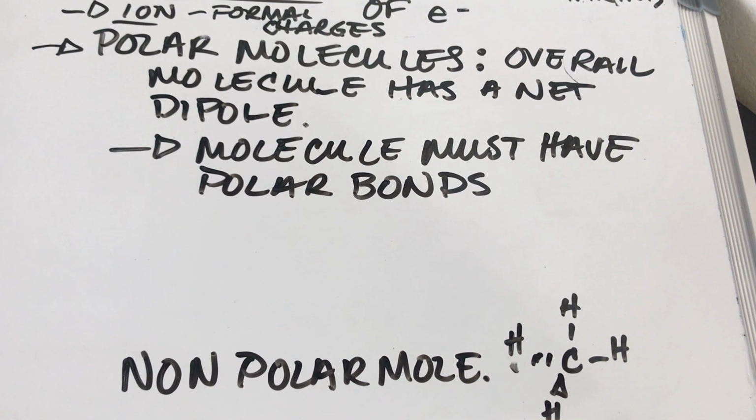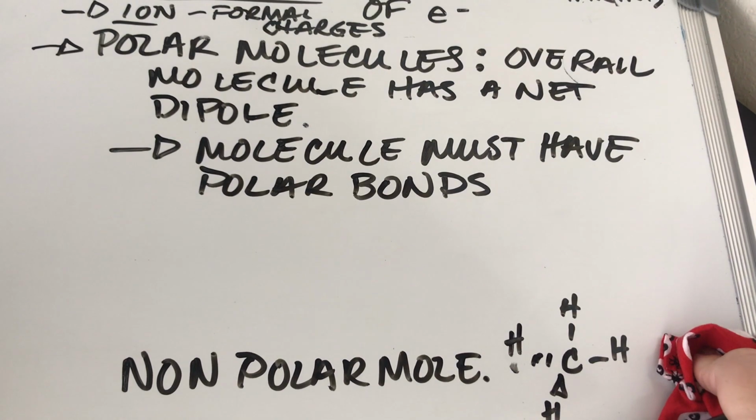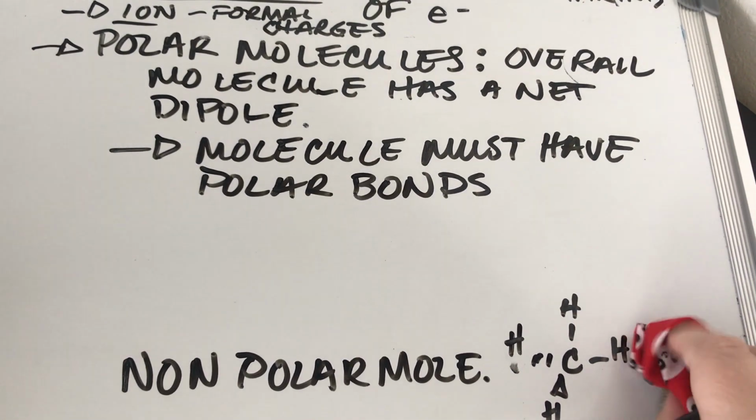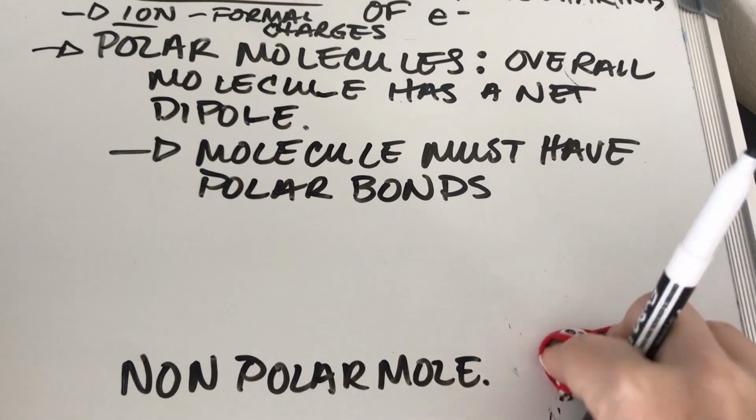Why is that nonpolar? Because carbon and hydrogen bonds will always be nonpolar. Exactly. If the only thing I have here is carbon attached to a bunch of hydrogens, that will be nonpolar. Everybody all right with that? Cool. So the first thing we have to have is polar bonds.